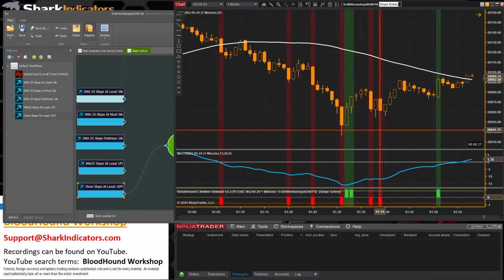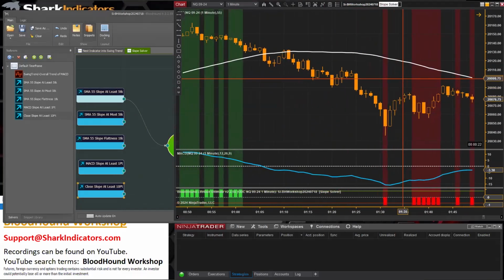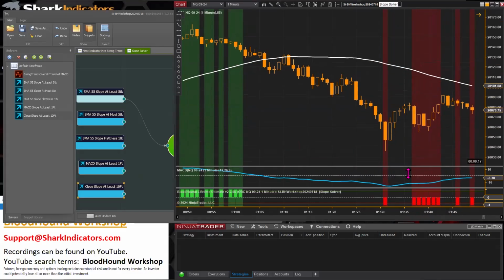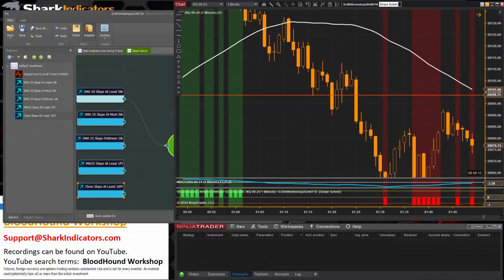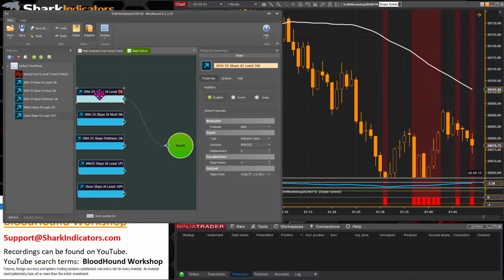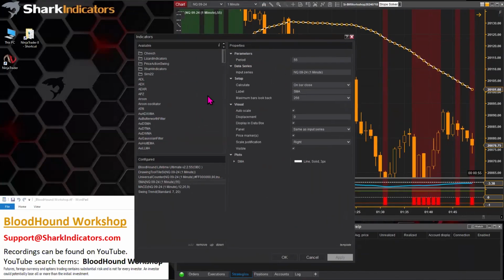And let me go back over here. Let's see, where was, okay, yeah, so right here. There. Right, so if we go back to this SMA 55 of at least 5 ticks of slope, and then to help visualize this, let's put another SMA on here.